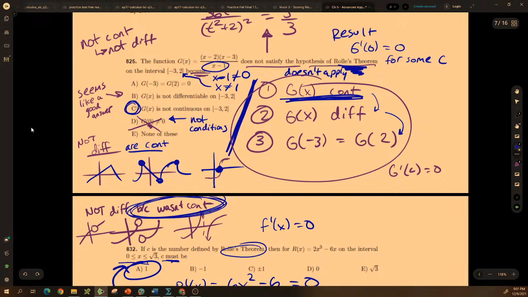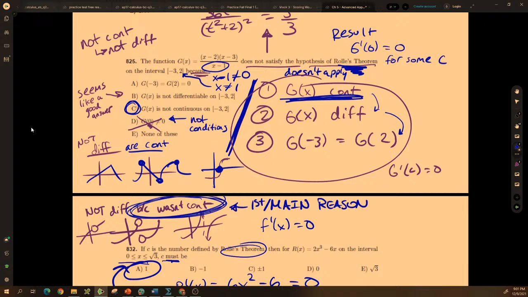It wasn't because we had a corner, a cusp, or a vertical tangent. It was because it wasn't continuous. So this is basically the main reason that we are not differentiable, because it wasn't continuous. So when we're checking for Rolle's theorem, we just go in order.